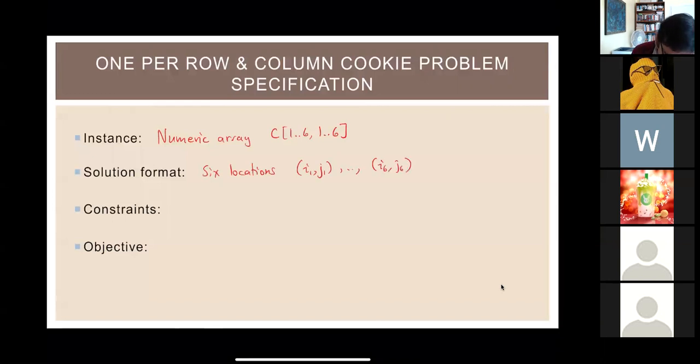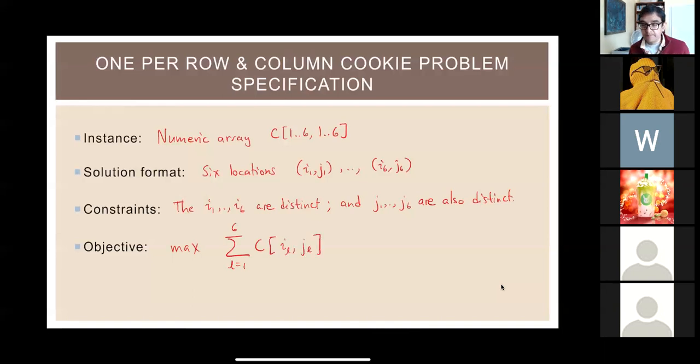And this time the constraints are that I1 through I6 are distinct, and J1 through J6 are distinct as well. So the constraint changes, but the objective, as always, is just to maximize the total amount of cookie. Okay, so the only thing that's been changing for us is the constraints in each case. Okay, so any question about the formalization over here? Everything's the same, only the constraints have been changing.